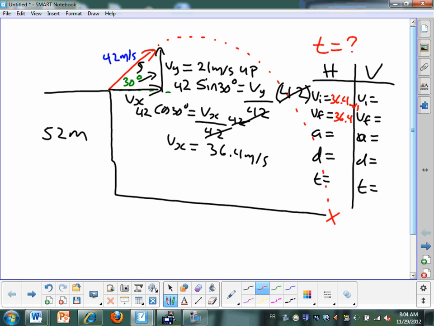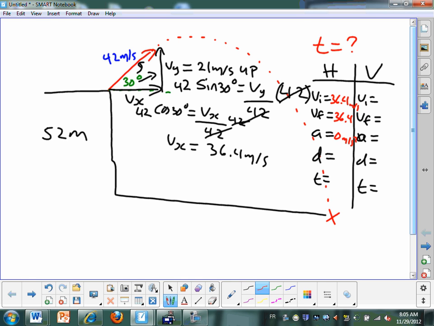Now, if my initial velocity and my final velocity are the same, that makes my acceleration in the horizontal direction 0 meters per second squared. Do I know my displacement in the x direction? No.